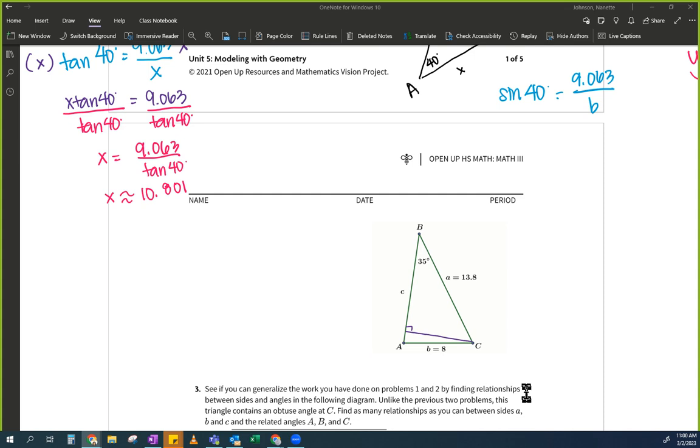Now that I have an altitude, what do I know?